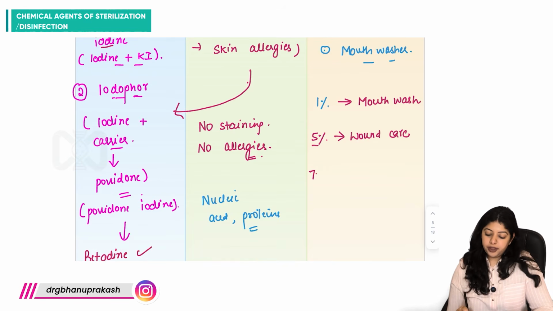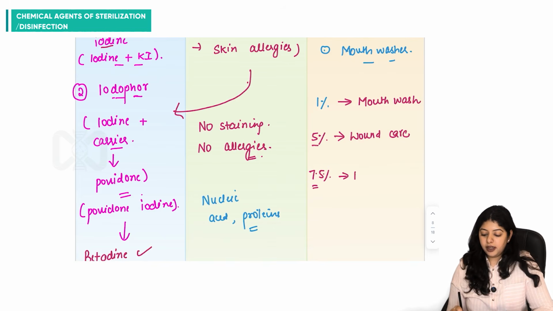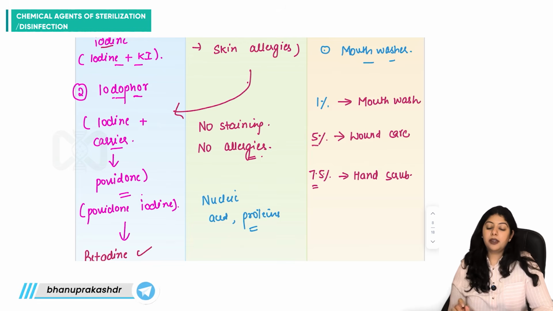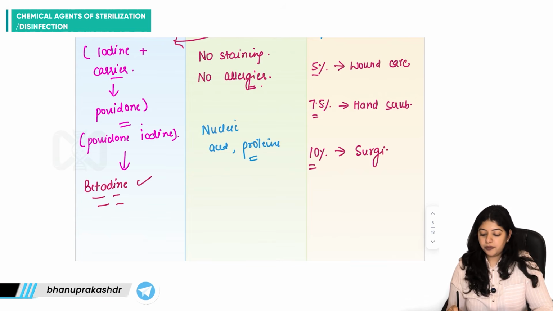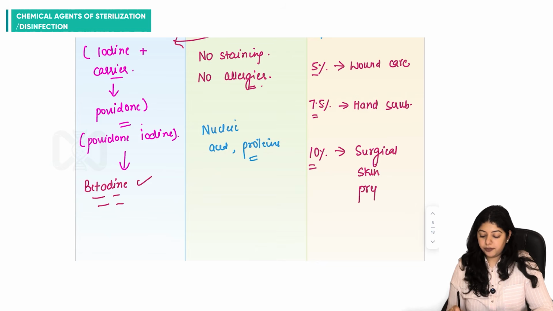Then 7.5% is used for hand scrub, and 10% of iodine it is used for surgical skin preparation.